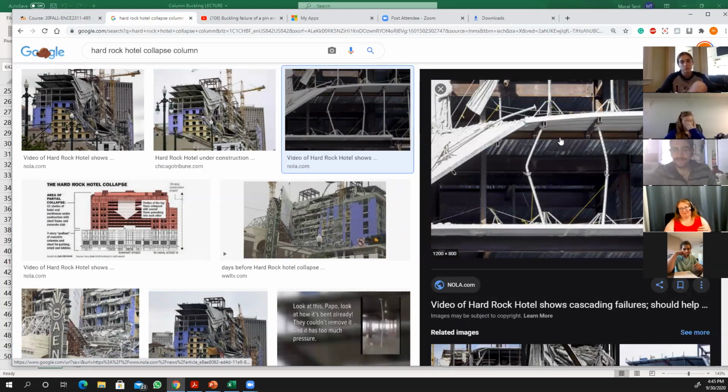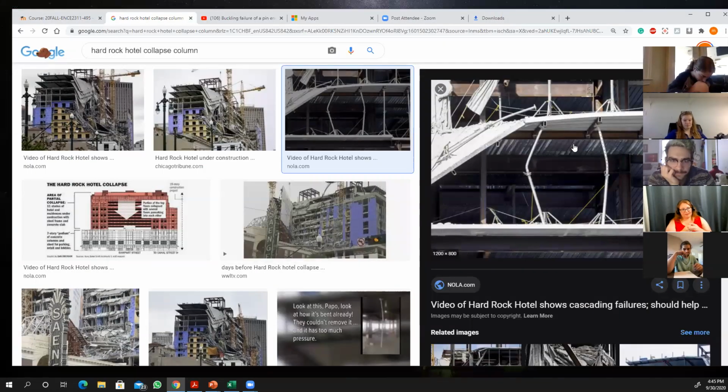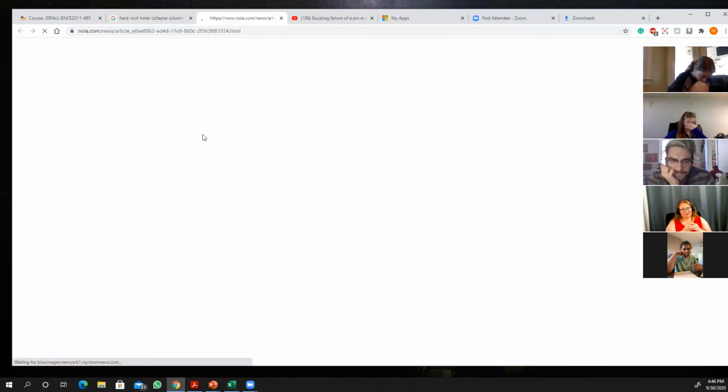So anyway, when I say we need to establish the P critical loads, I had to know how much load I can apply to this column during the construction phase before I pour the concrete. Because when you look at this, let's look in detail.